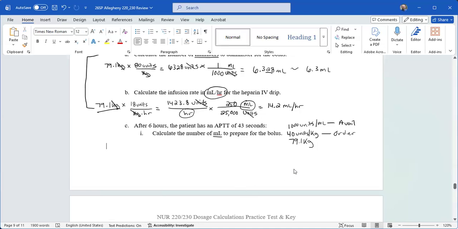All right, so let's go ahead and work through this. For those of you still going through it, we have 79.1 kilograms as our patient's weight, multiplying by the new bolus information, so 40 units per kilogram. And then I'm just going to put in the next conversion.